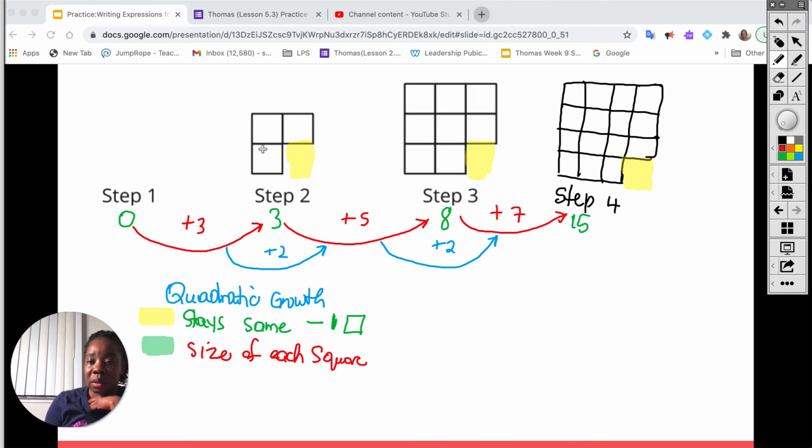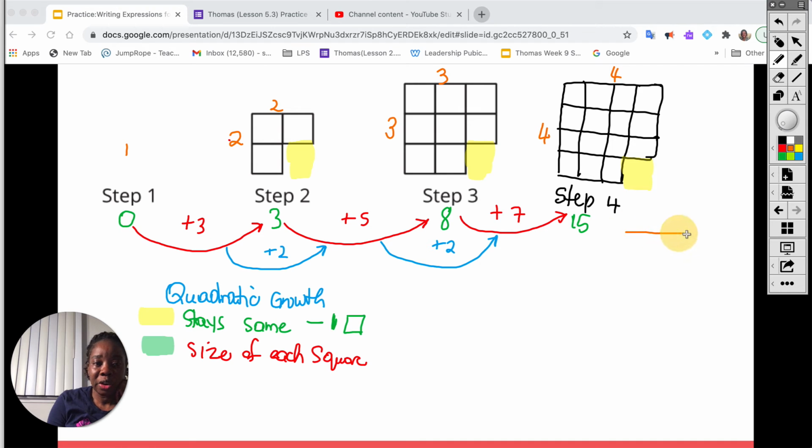Well, the second one happens to be a 2 by 2. The third one happens to be a 3 by 3, and the one that I drew is a 4 by 4. So we're going to assume that we had a 1 by 1 here, but it was subtracted.